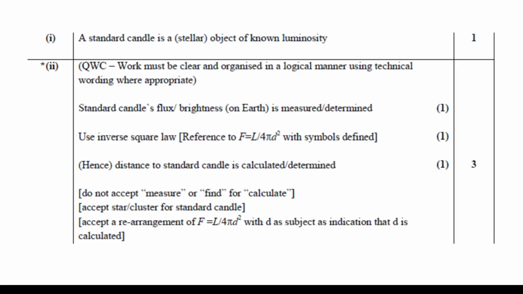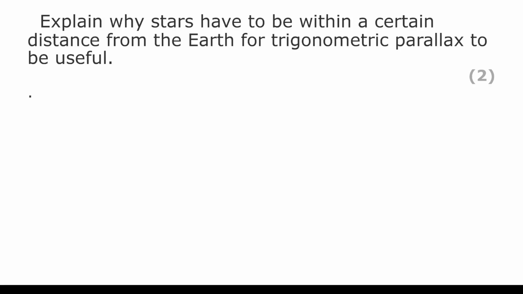Okay, let's see. So for standard candles, flux or brightness is measured on Earth. Use the inverse square law. Distance to the standard candle is calculated or determined. And then the first part: a standard candle is an object of known luminosity. Known luminosity is the most important thing for writing about the standard candle. That's the word which is going to get you the mark.